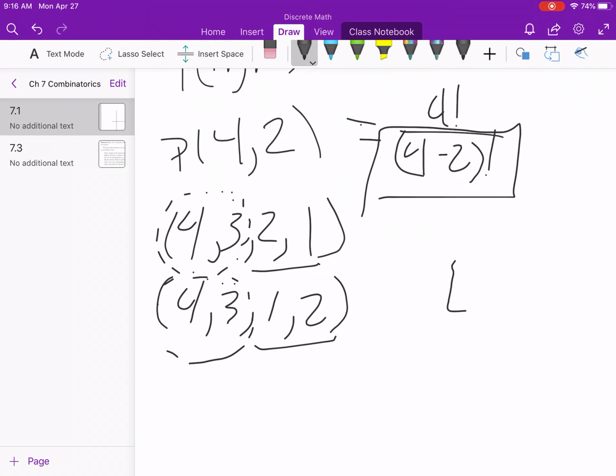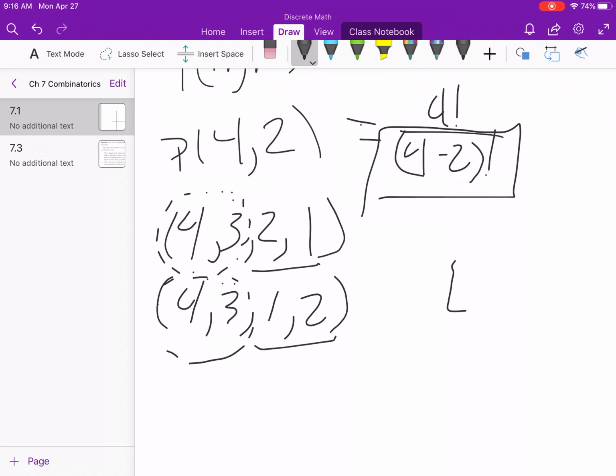By listing out all of the 4 tuples that exist for the set 1, 2, 3, 4, and think about how many things are overlapping. How many things have overlapping stuff in the third and the fourth place?